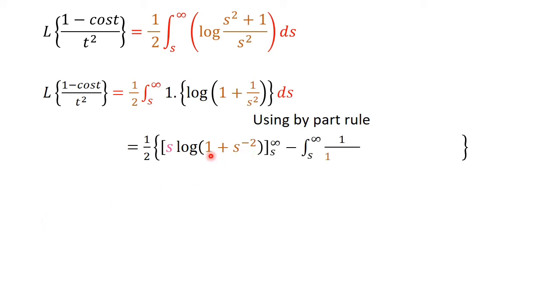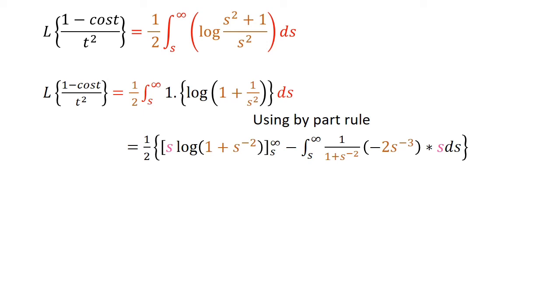Its differentiation is 1 upon 1 plus s to the power minus 2, and again this term will be differentiated, so we get minus 2 s to the power minus 3, and the integration of 1 is s. We will simplify this. When we plug in the upper limit, by L'Hospital rule we get 0, and when we plug in the lower limit, we get the same expression. In integration, we must simplify this expression and then integrate.